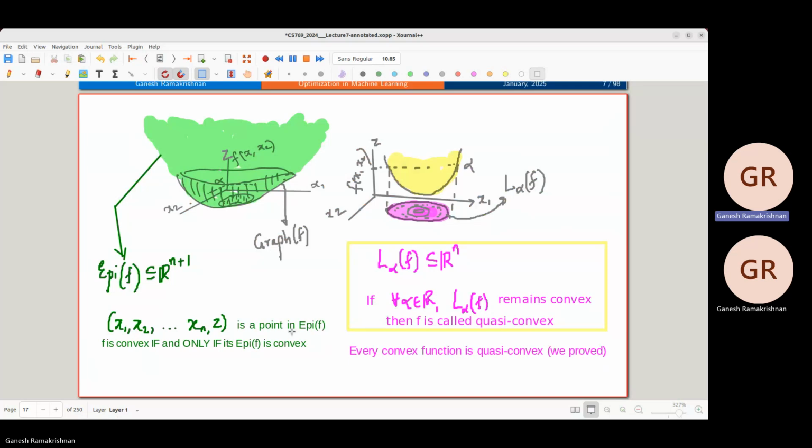So it's an if and only if relationship, as against quasi-convexity. F is convex if and only if epi F is convex. Okay. So it's a bidirectional relationship. Evident from this image here, but you can also prove it from first principles.